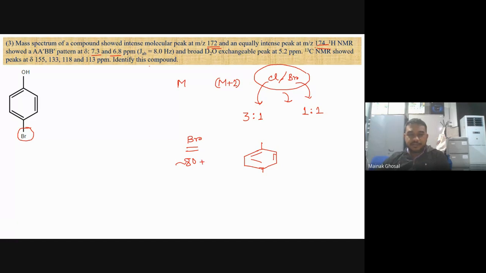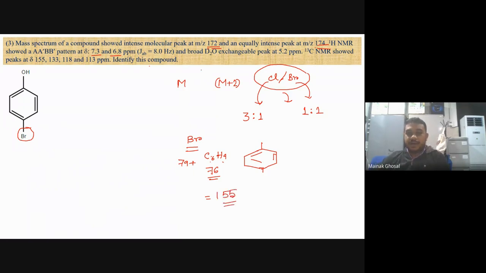Now I take 171 minus 79, and this is nothing but a C6H4 moiety, right? So 6 times 12 is 72, plus 4 is 76. If you add this up, it will be 155.